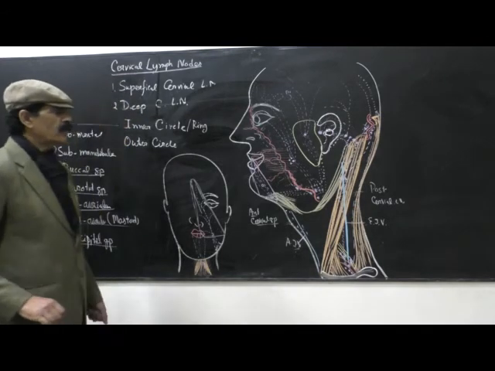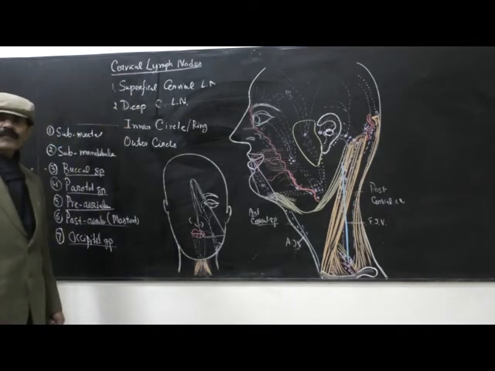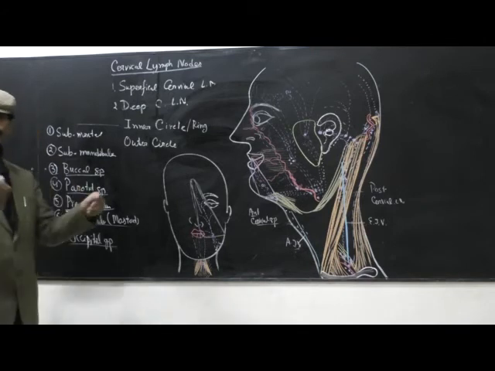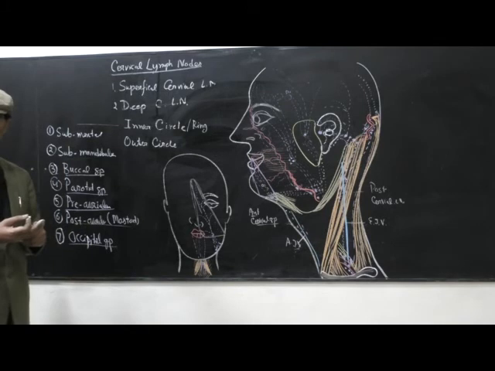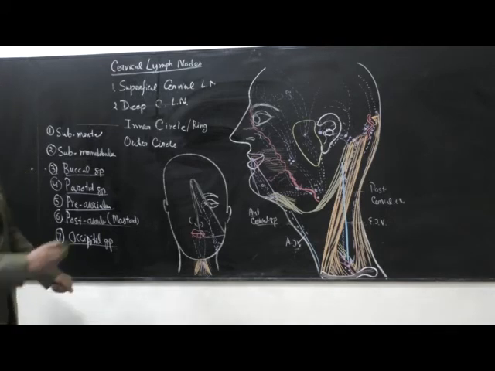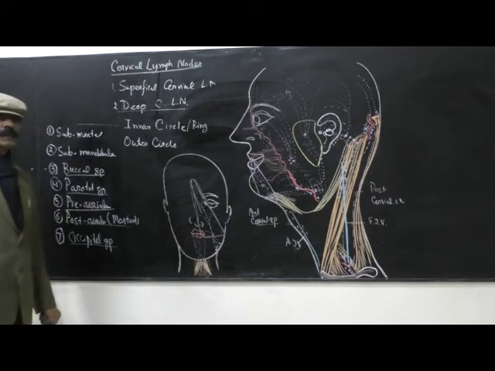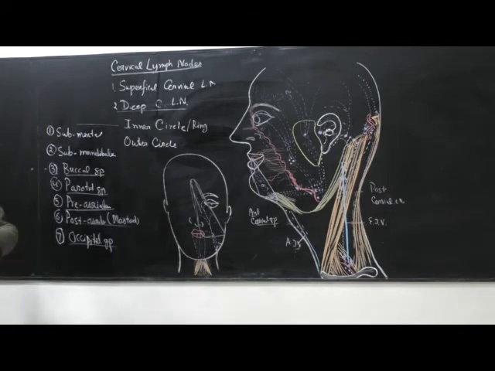So this is how we do the superficial group of the lymph nodes of the face as well as the neck region. They form an outer circle. Now come the deep group of the lymph nodes. In the deep cervical group of the lymph nodes, they again form two rings.